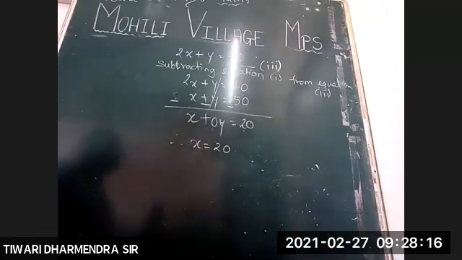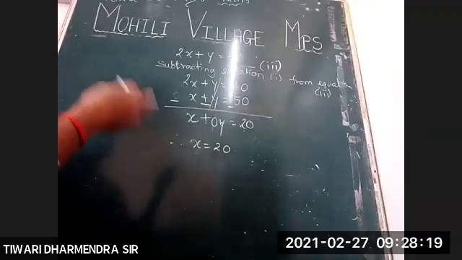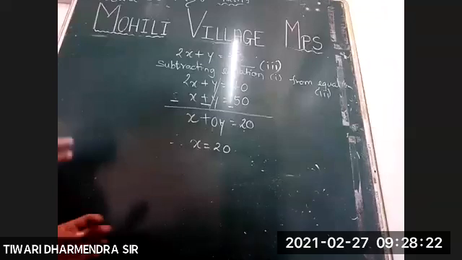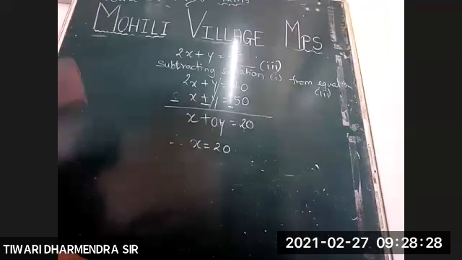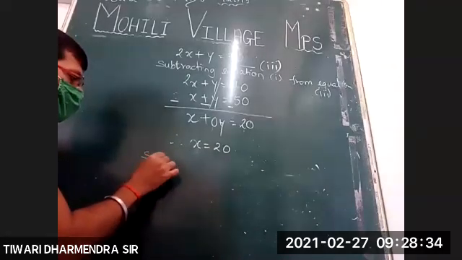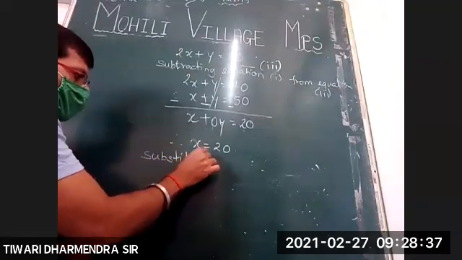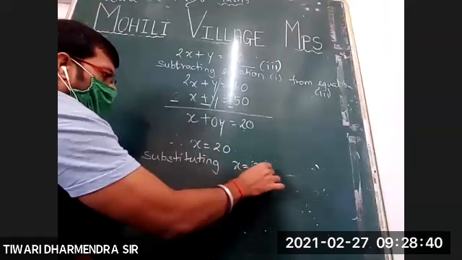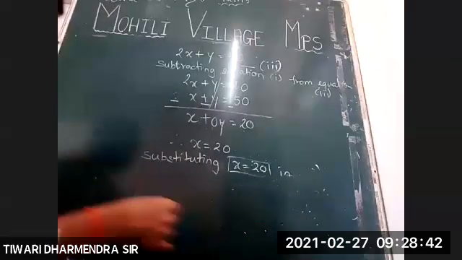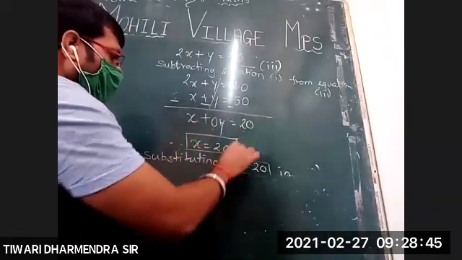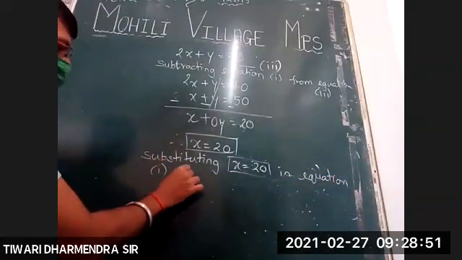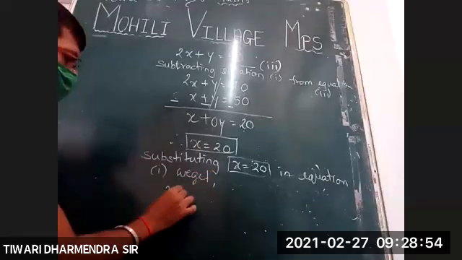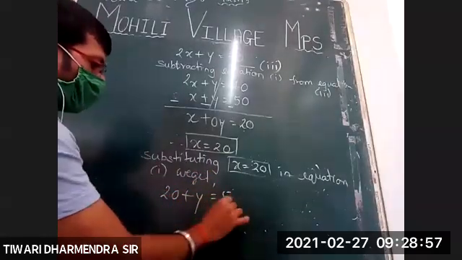Now, how to get the value of y? Just substitute in equation number 1. You can substitute in any equation you want, but I'm using the first equation because there is not a lot of calculation, only x and y. Substituting x equal to 20 in equation 1, we get 20 plus y is equal to 50.